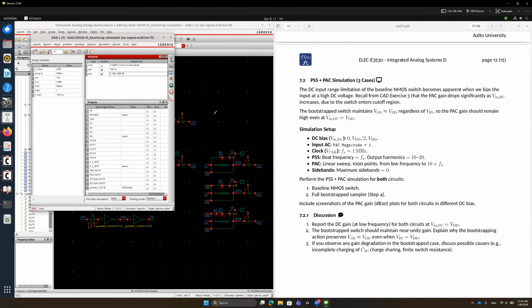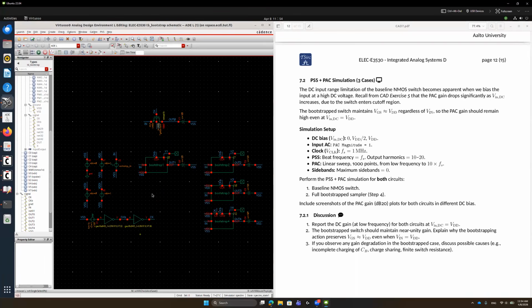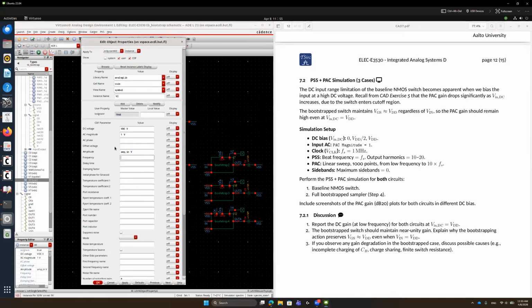What I mean is that if we set input frequency, in this case 10 kilohertz, it is okay to run for 100 kilohertz and 1 megahertz, but PSS runs based on the lowest frequency. We want to run PSS based on clock frequency, so we should not set lower than the clock frequency if we want to run the steady state condition based on clock frequency. So that's the reason why I removed the frequency part.